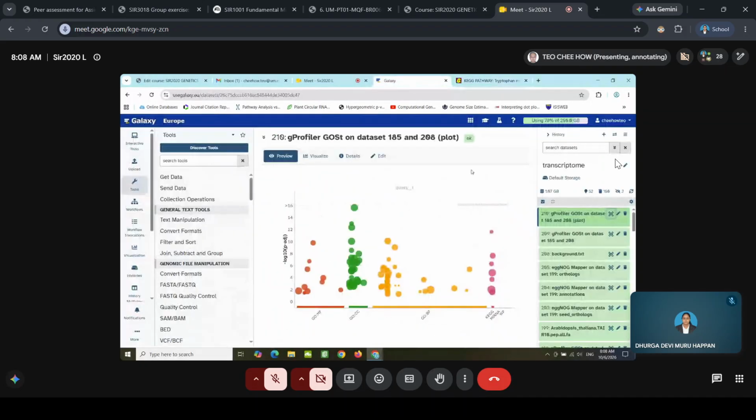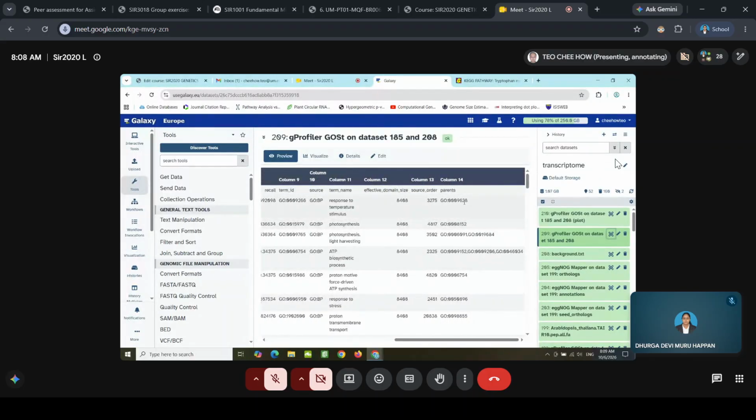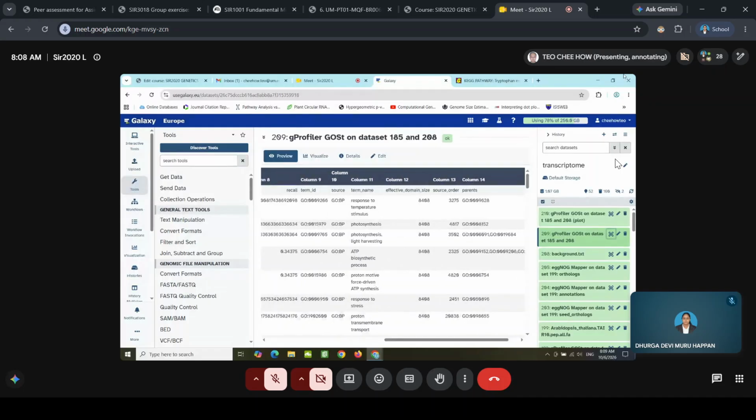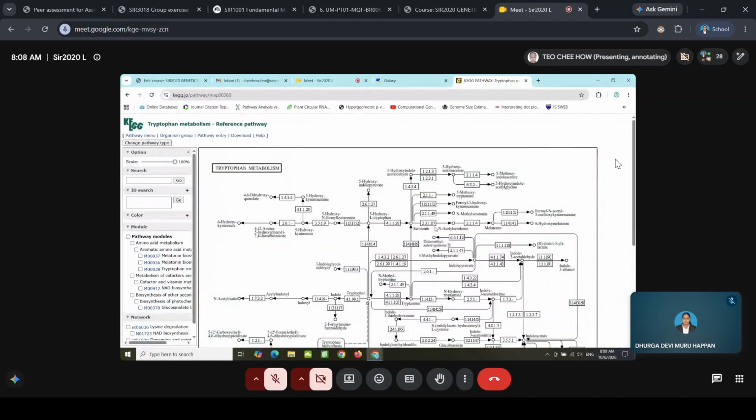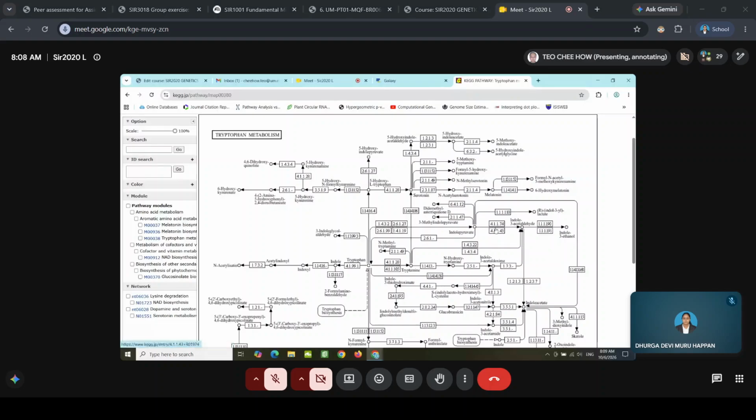I think in the g:Profiler, they were not able to highlight the genes involved. In other software, they will be able to tell you which genes are involved in which pathway, and then they will be able to color it green or red, indicating up and down regulation. That will be easier for you to explain the result. Let me see whether I have some example.